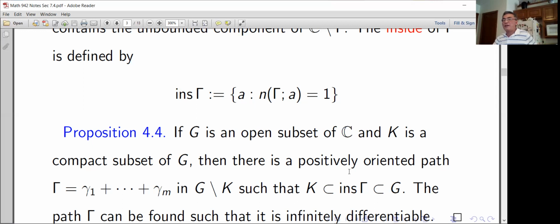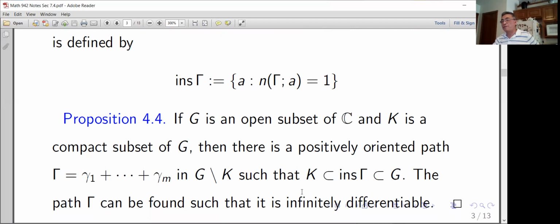The path gamma can be found such that it is infinitely differentiable.